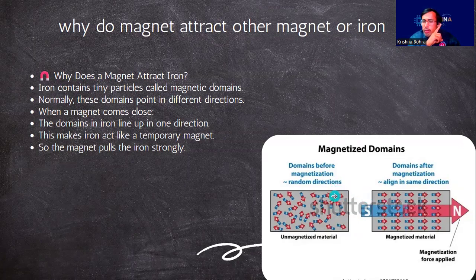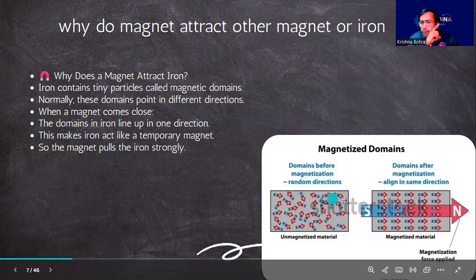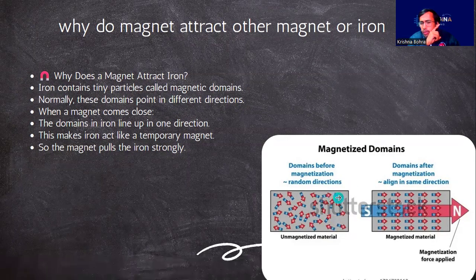And we know the direction of magnetic domains in the north pole: they point outside the material. So these small domains are aligned and pointing outside, and now this end becomes north and the other becomes south, opposite of the magnet.